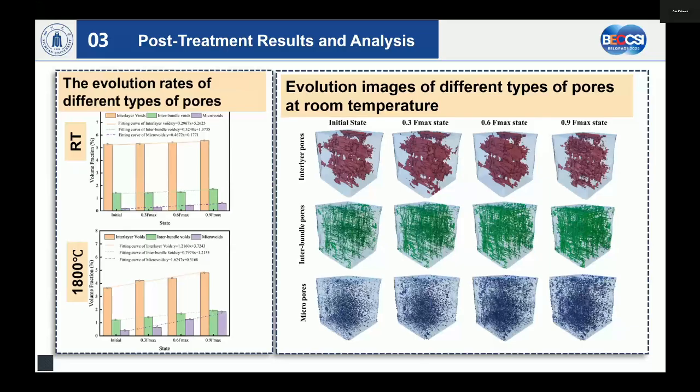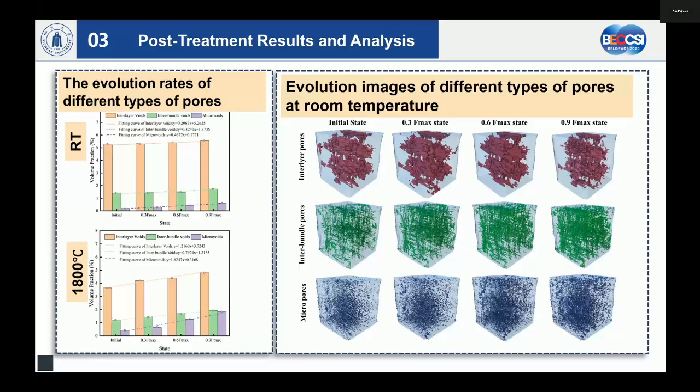In addition, we also counted the porosity growth of different types of pores, that is, internal pores, interbonded pores, and macropores at different loading stages under room temperature and high temperature, as well as their three-dimensional evolution images.